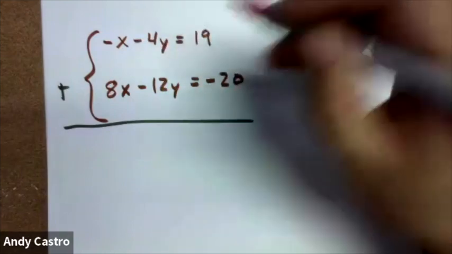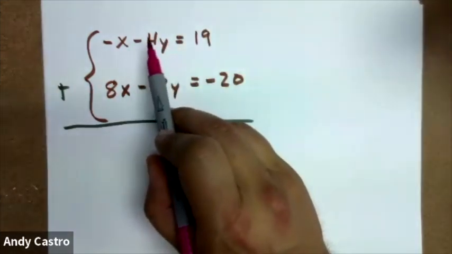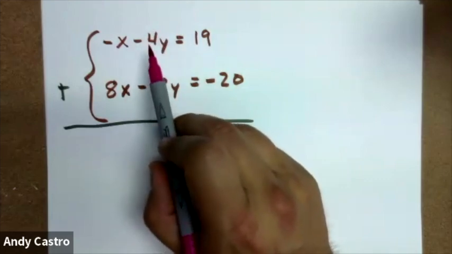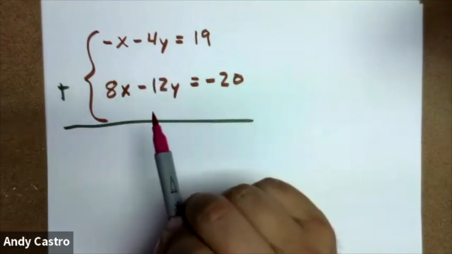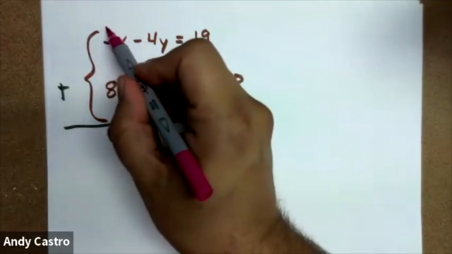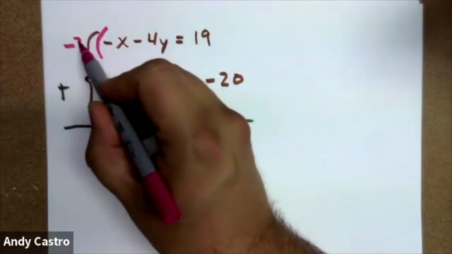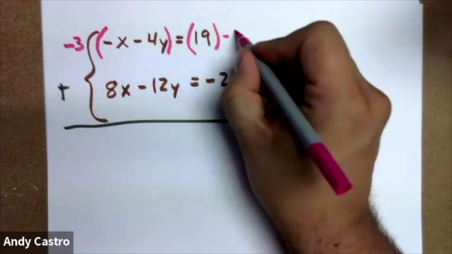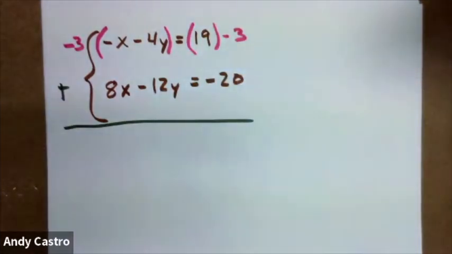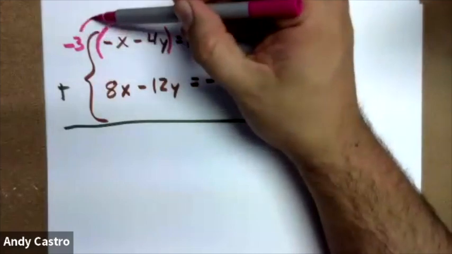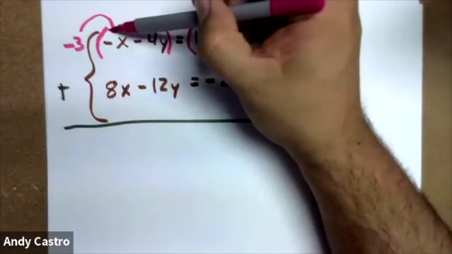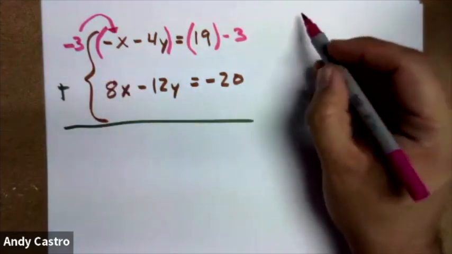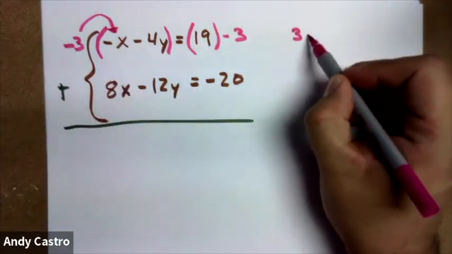Okay, so how do I do that? Well, if I multiply this negative 4 by a negative 3, that's how I would get positive 12. So what I'm going to do is multiply both sides of this equation by negative 3. And so here, negative 3 times negative x, that's going to give me a positive 3x.